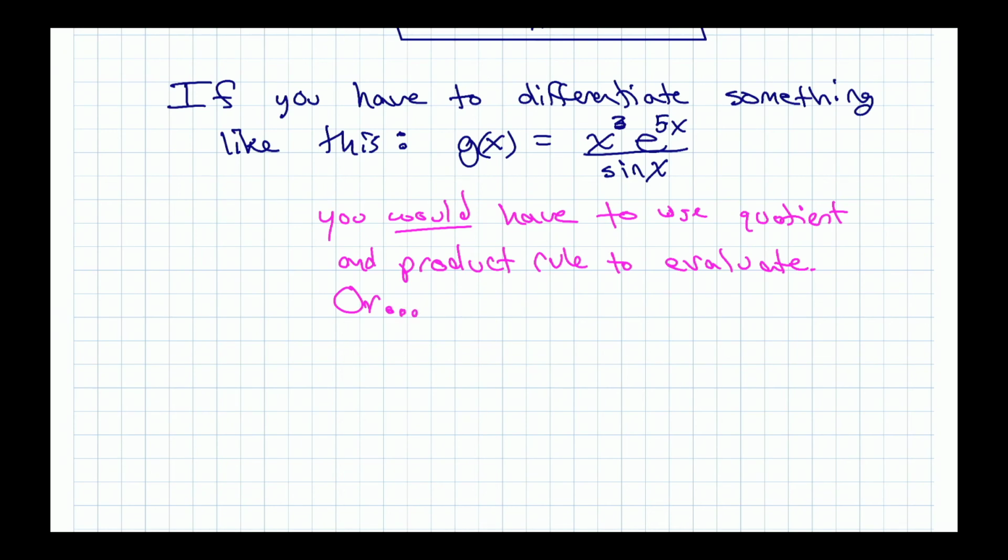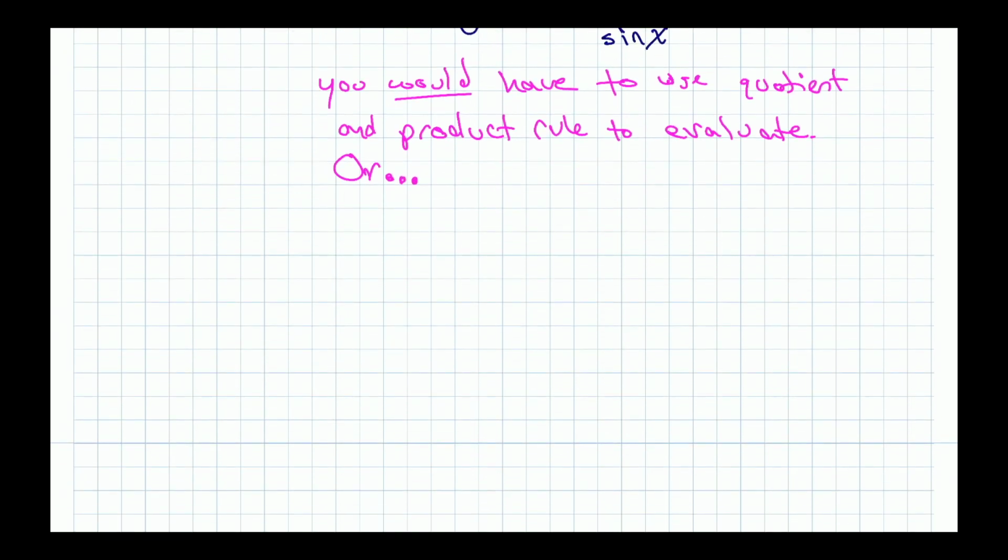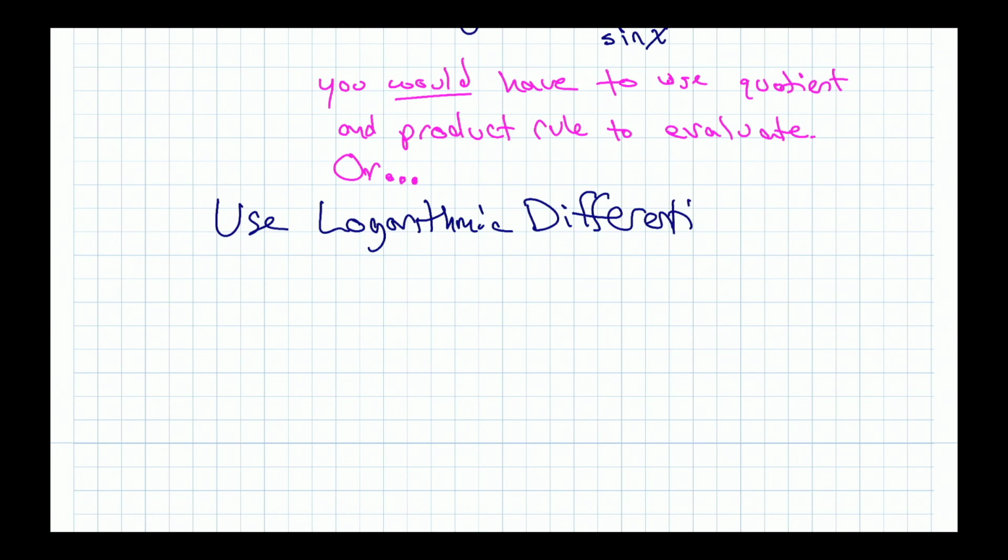Or, you can use logarithmic differentiation. Writing's hard, guys. Okay. Or use logarithmic differentiation.